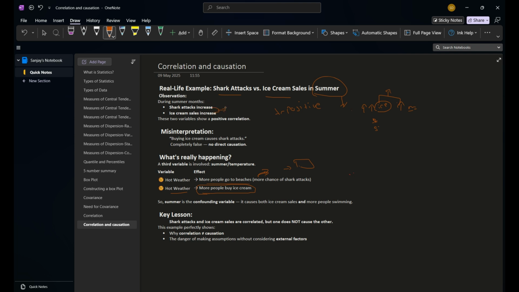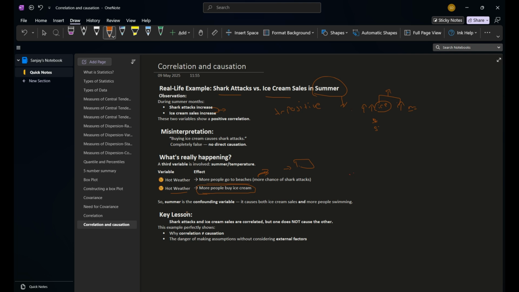So we should not assume causation, that one variable is causing the other, if there is a positive correlation between both variables. The key lesson is that shark attacks and ice cream sales are correlated, but one doesn't cause the other. This example perfectly shows why correlation is not equal to causation.